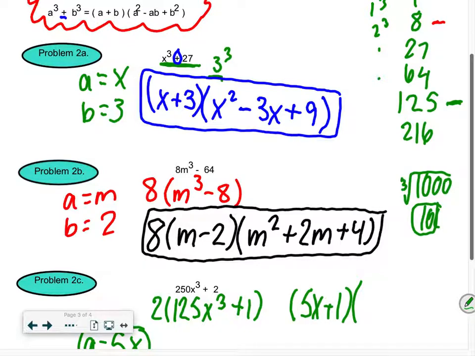If I square my a term, my a is 5x. What's 5x squared? 25x squared. Don't forget to square your 5 as well. Minus, multiply them together. 5x times 1 is just 5x. Plus 1 squared is 1.